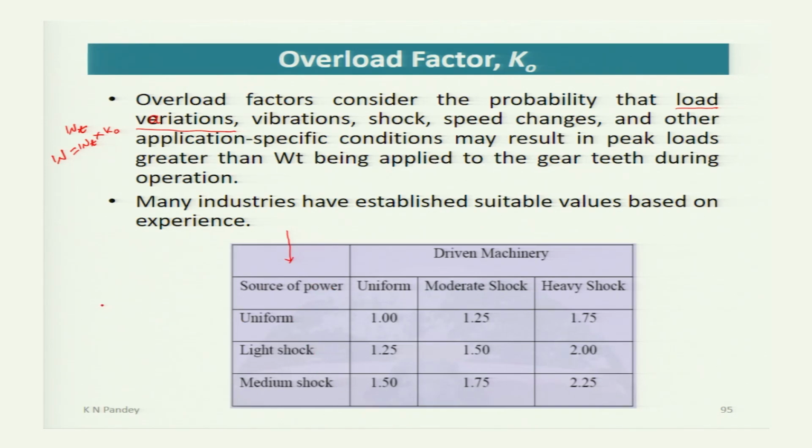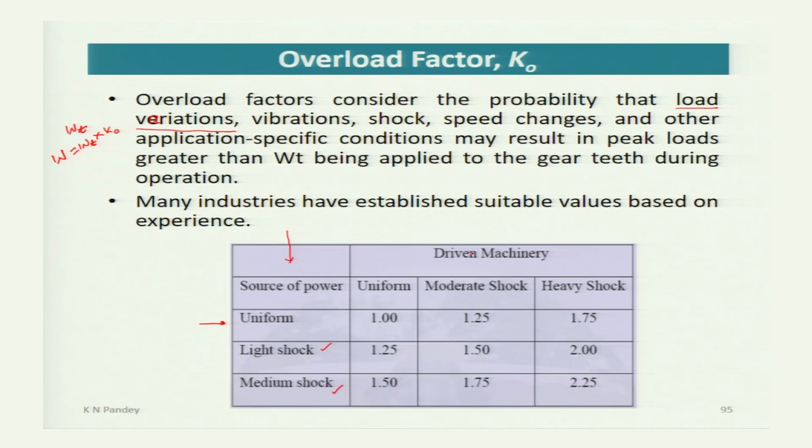That means the driving gear is connected to a source of power which is supplying power uniformly, or with light shock, or with medium shock. Then according to the type of source of power, you will select a row.